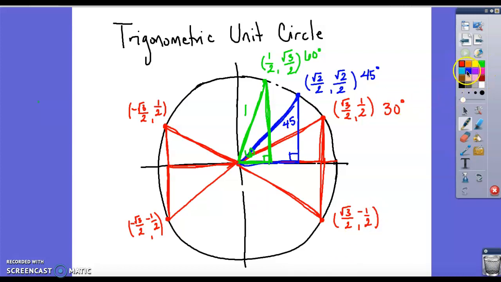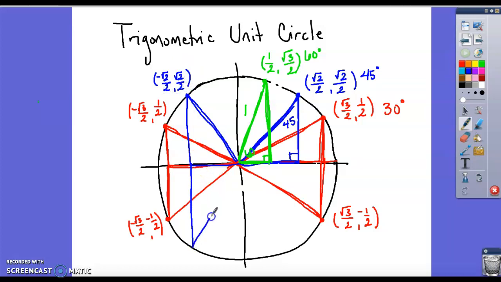Same thing for my 45, 45, 90 triangle, right? If I draw this 45, 45, 90 triangle, the points are going to work out to be the same except that the x value will be negative. The y value is still positive.